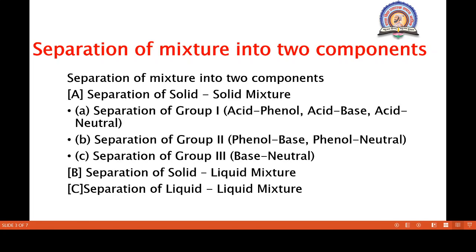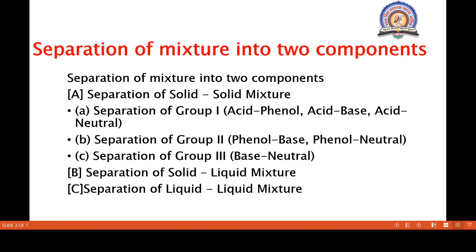Before starting this point, we must know the previous lecture's points. We discussed that the nature of organic compound has three types: solid solid, solid liquid and liquid liquid. If our nature is solid solid, at that time our first step is type determination and the second step is the separation of that solid solid compound.